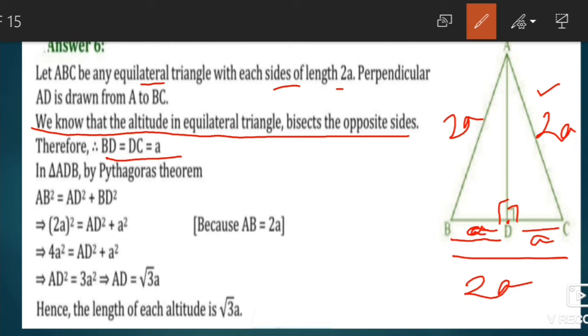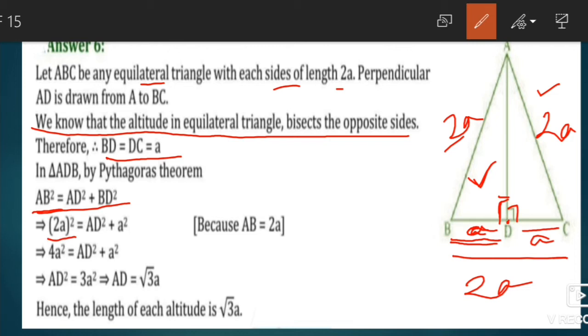So triangle ADB is a right angle triangle because angle ADB is 90 degrees. I can use the Pythagoras theorem on triangle ADB and write the hypotenuse AB square equals AD square plus BD square. AB is given as 2a, AD I have to find, and BD is a.